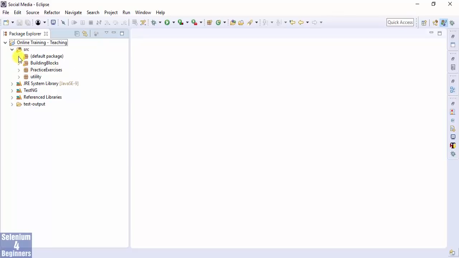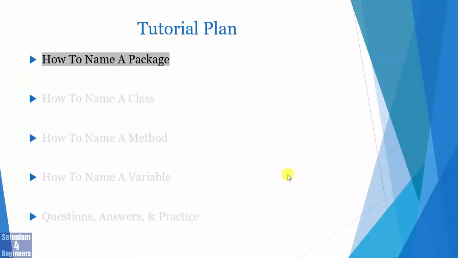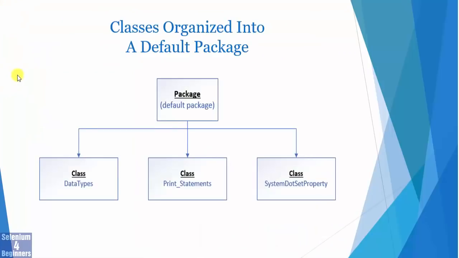In Eclipse, and our screenshot, we see a default package with three classes: data types, print statements, and system.setProperty. By default, classes are placed in the default package when no package name or package statement is provided for that class.